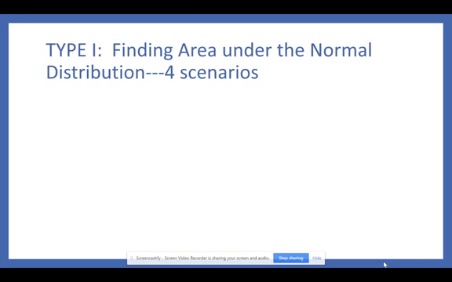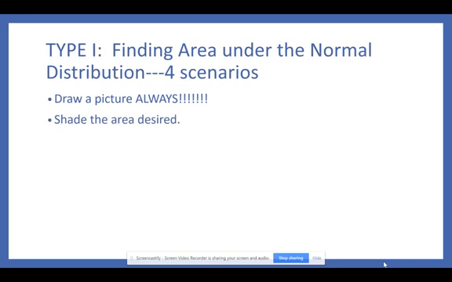With type 1, there's really 4 different scenarios that you can encounter. Again, you can have less than, greater than, between, or you can have what we call the tails. Whenever you're working these problems, really whether you're doing type 1 or type 2, you want to draw the picture and shade the region or the area that you need or that you already have.